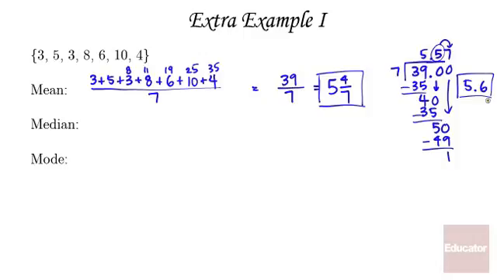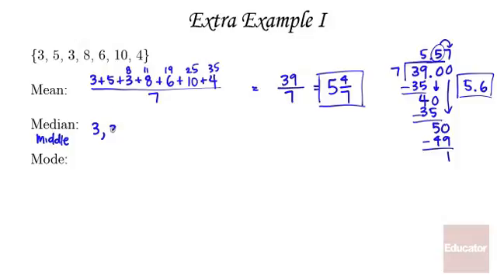Now the next one, median. Remember the median, the keyword is middle. Now be careful here. The most common mistake for this one is just finding the middle number from your data set. So make sure you write the numbers in order from least to greatest. So my smallest number here I see is 3.